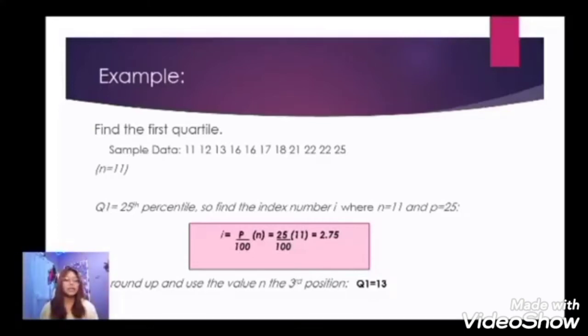So P is 25% and N equals 11. 25% times 11 is equal to 2.75. So round up and use the value in the third position. Q1 is equal to 13, because 13 is the third number on the list.